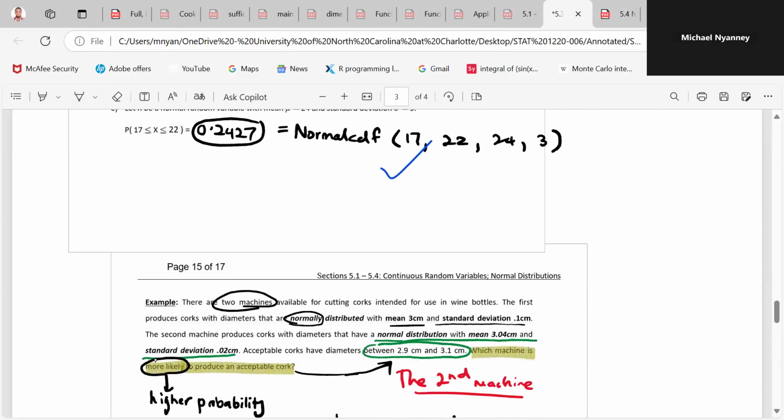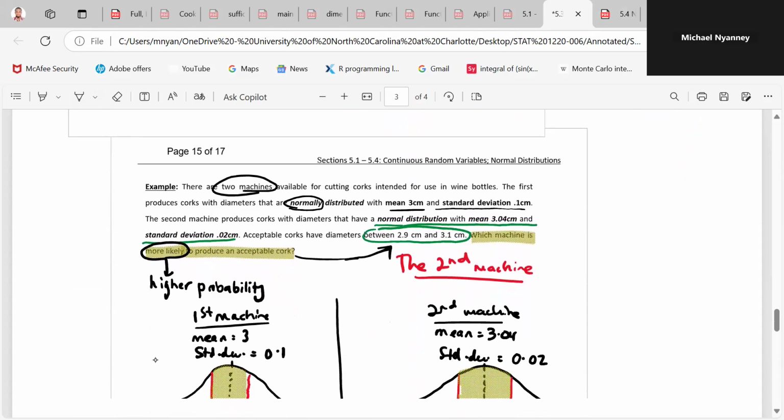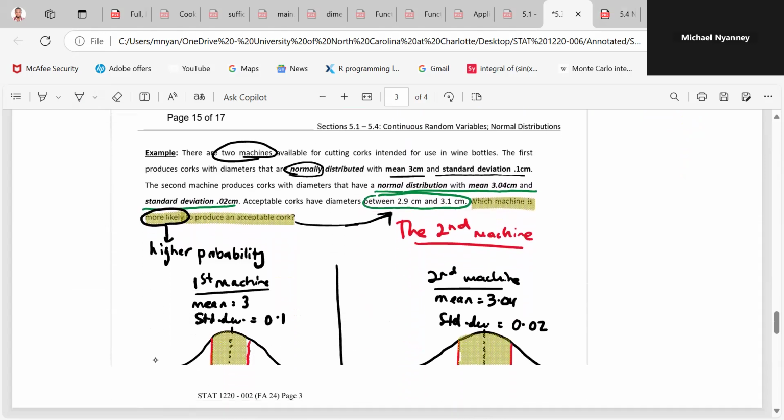All right. So note that you learned that of 5.2 very well. That will help you understand what I'm doing. Very simple. So here we have two machines available for cutting cork intended for use in wine bottles. The first produces corks with diameters that are normally distributed with mean 3 cm and standard deviation. So there's the first machine.